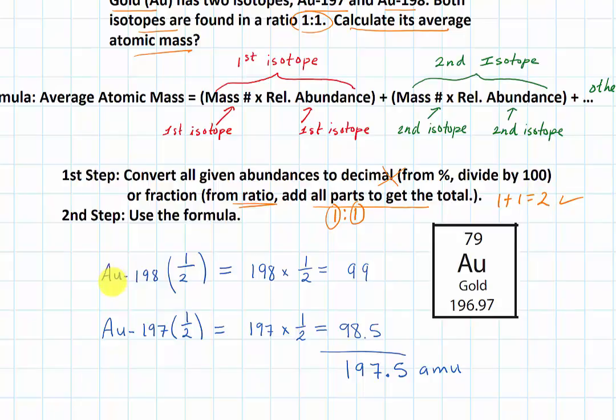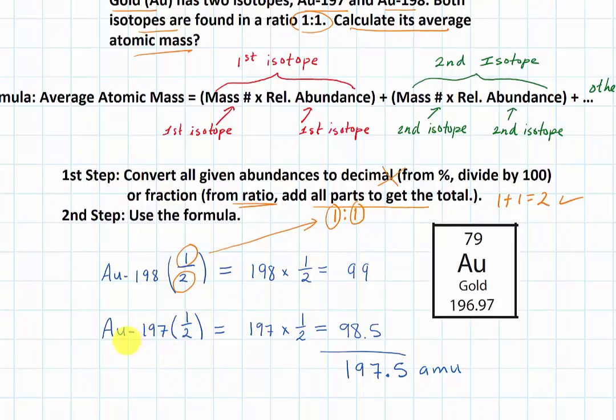In this case, we have the isotope Au-198, so we convert that into a fraction. Our total now is 2, and this is the part of the ratio. So it's 1/2, which gives us 50%, which is the 1:1 ratio that we get from here.